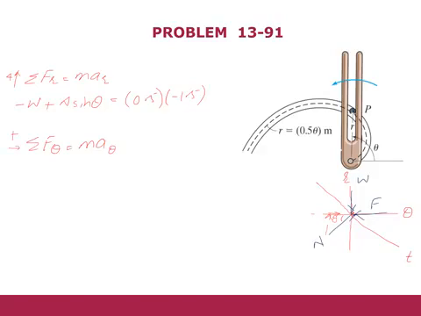Now when we apply the equation, we will get this force in the negative direction, that is why it is minus F, and we have a component of the force along the positive direction, so plus N cos theta equals 0.5 times the acceleration.